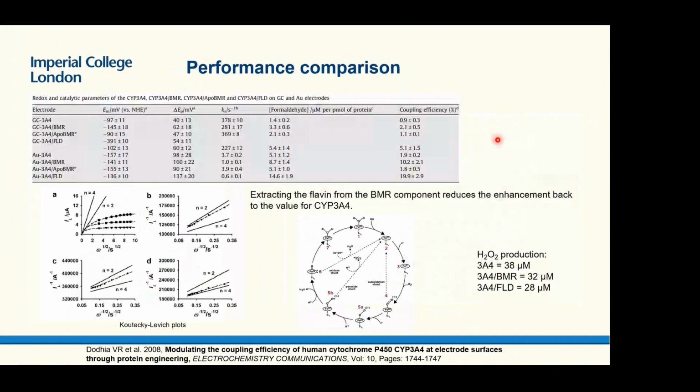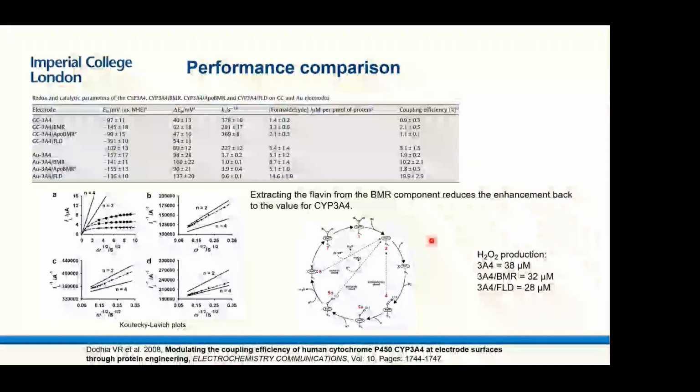And then when we look at the performance of the system, we see that the system that has the electron transfer partner fused together with the catalytic unit produces less reactive oxygen species.